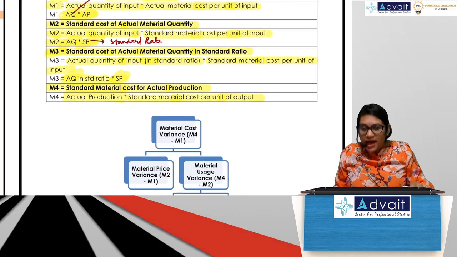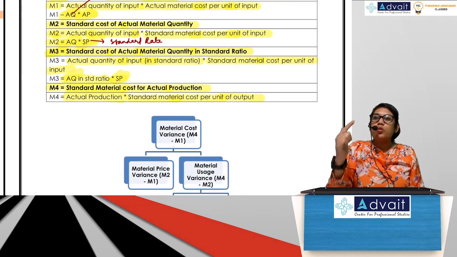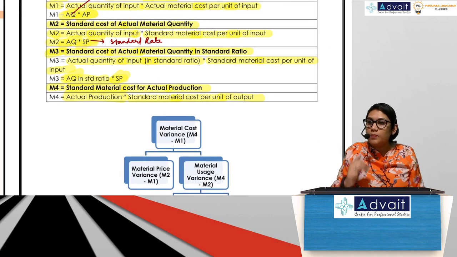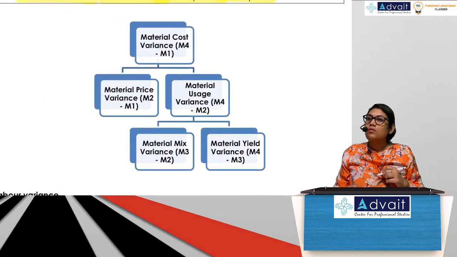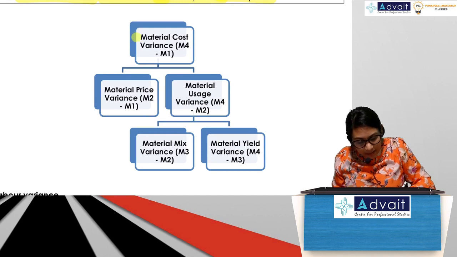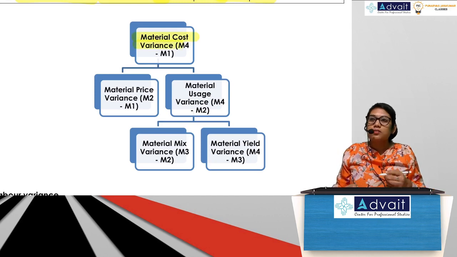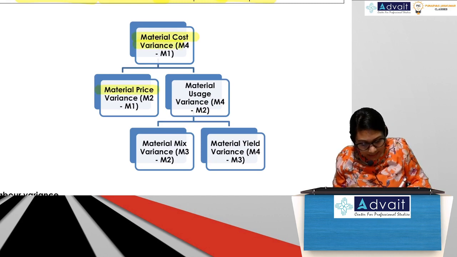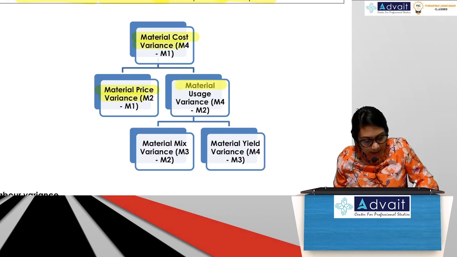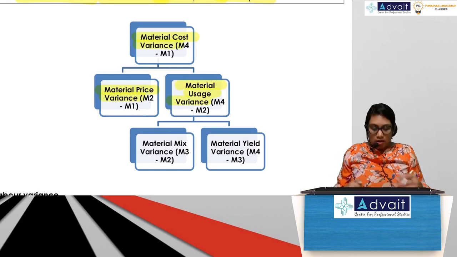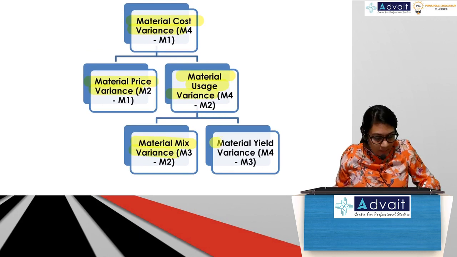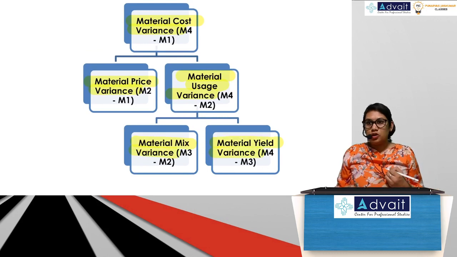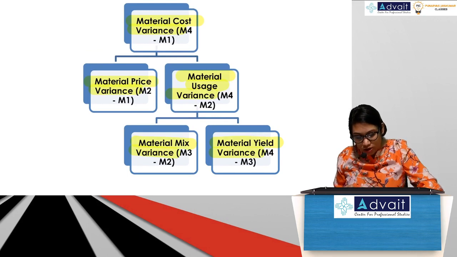So once I have my M1, M2, M3, M4 in place, then what am I supposed to do? Material cost variance splits into material price variance and material usage variance. Material usage variance splits into material mix variance and material yield variance. So how do you calculate material cost variance?